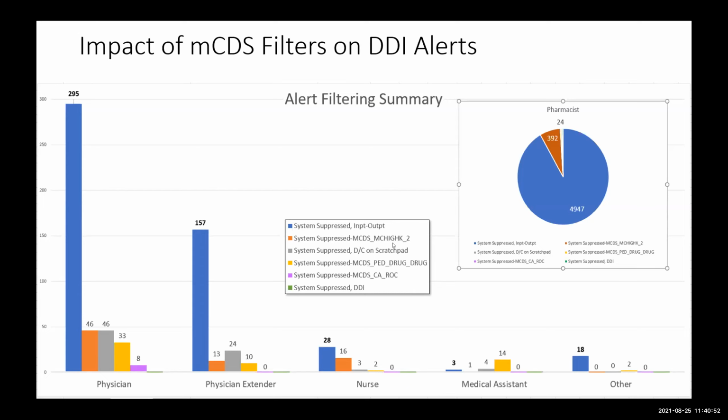And then you have high potassium doing a lot of the filtering, followed by DC on scratch pad very closely, or exceeding in the extenders case. And then you have pediatric DDI doing quite a bit of filtering. And then calcium Rocephin, there are very unique case scenarios there, only firing in neonates, otherwise filtering.